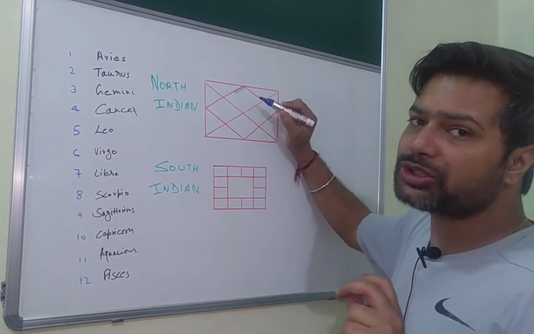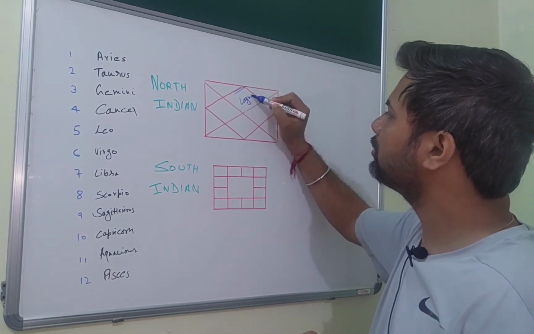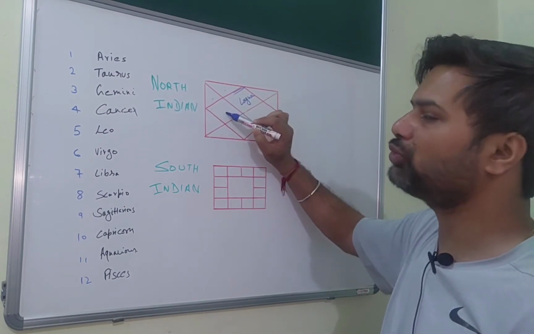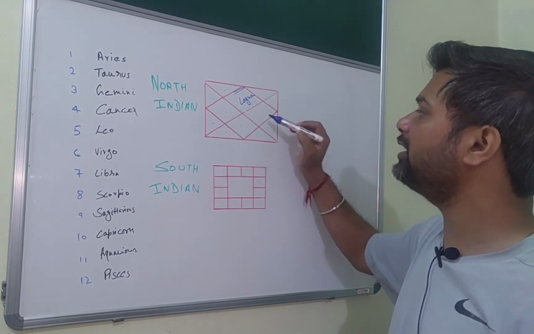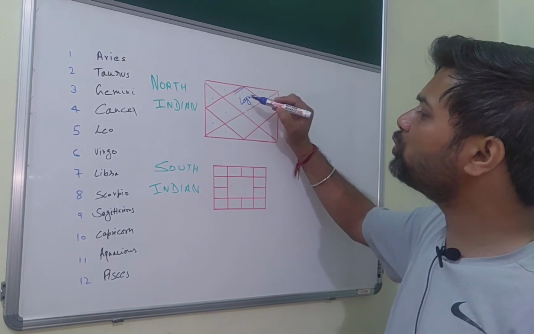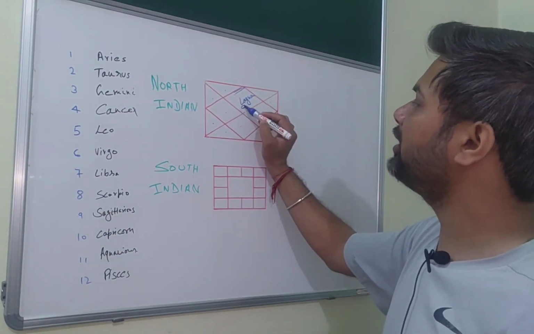So, houses are fixed. This is Lagna, first house. This is second house. This is third house, fourth house, fifth house, sixth house, seventh house, 8th, 9th, 10th, 11th, and 12th house. Now, suppose we have put a 9 here.